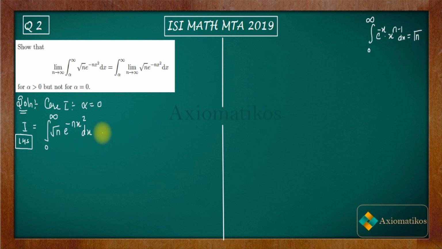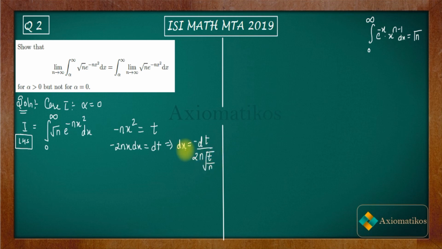Now by using that, we will substitute minus n x square as t. Then you will get minus 2 n x dx equals dt. So dx is given by dt over minus 2 n x, where x is the root of t by n.